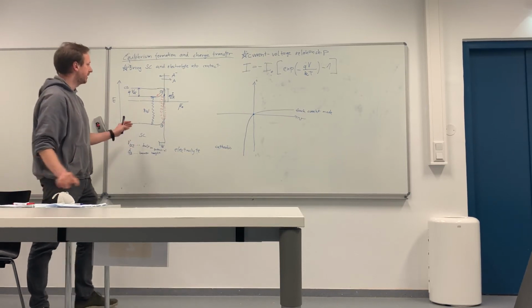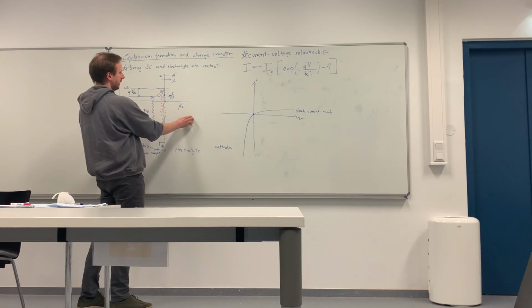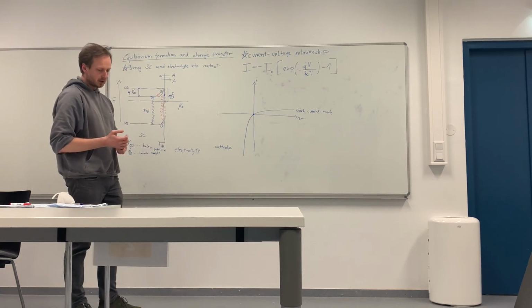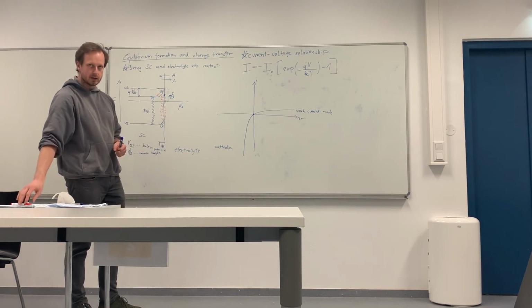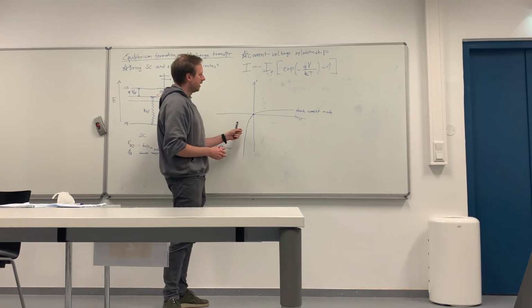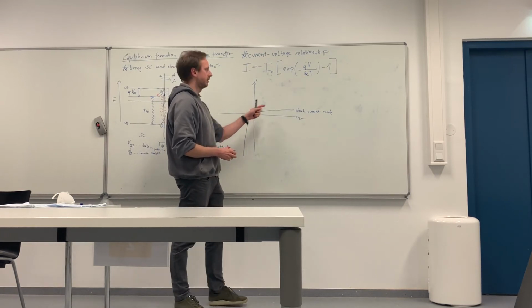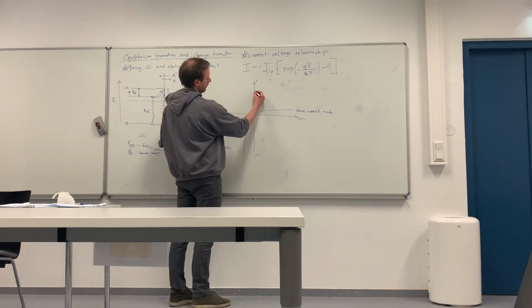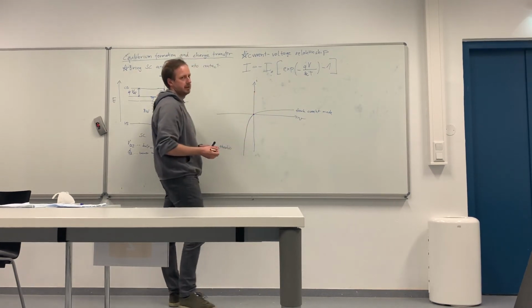And if you have contacts here and here, then you can remove or separate the charge pair, which is basically the principle also of a solar cell. However, for this equation, this means that at a zero voltage you measure already a current.